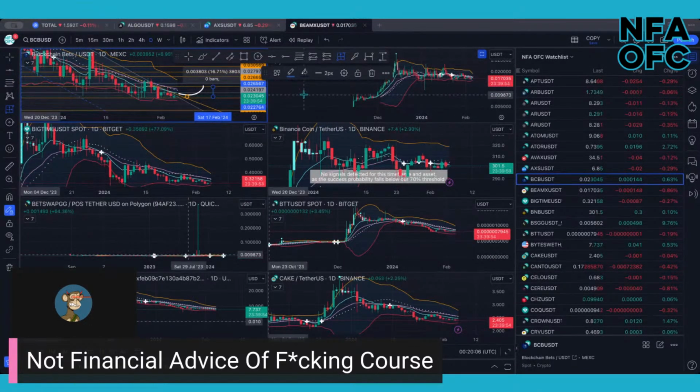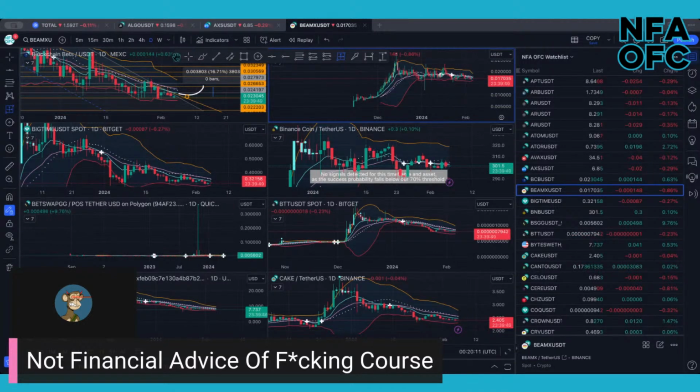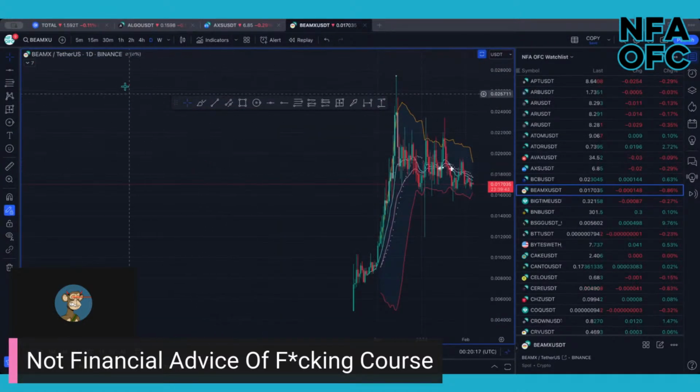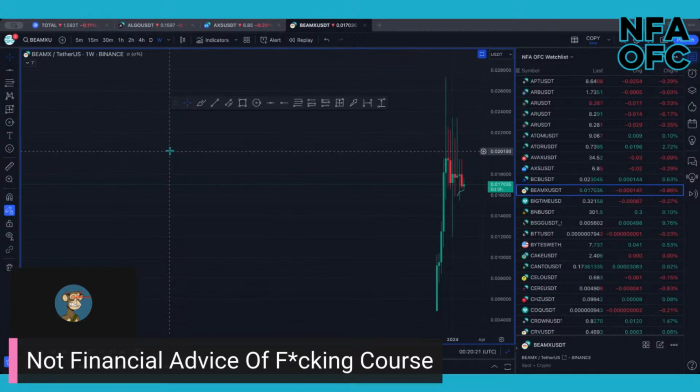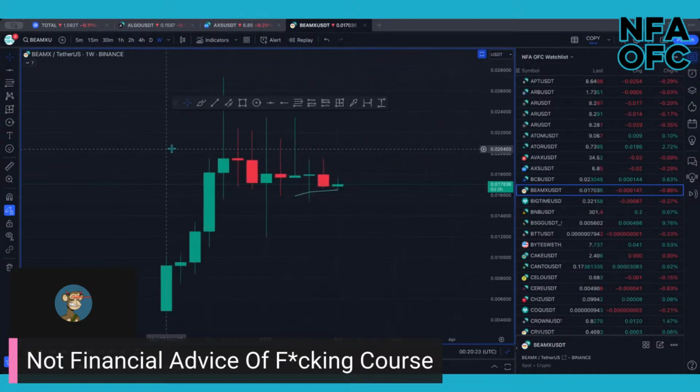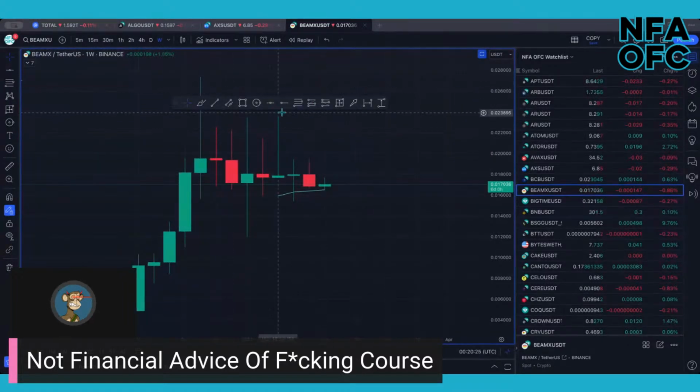Nice. Oops. Really new token, a ton of stuff. If I didn't know much about this token, I probably would have just walked away because it's so new.